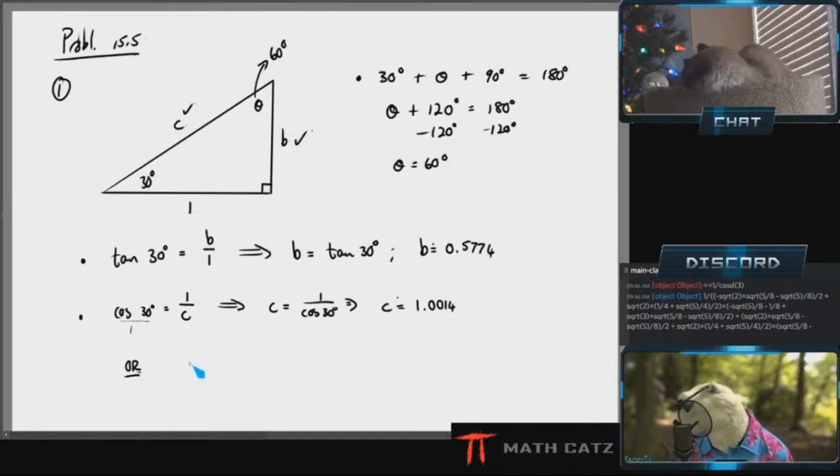I could have gone here and used Pythagoras because I have two of the three side lengths, and I can say 1 squared plus b squared equals c squared, and then find C, and it would be the same. Just be careful, don't use a rounded number for a future calculation.